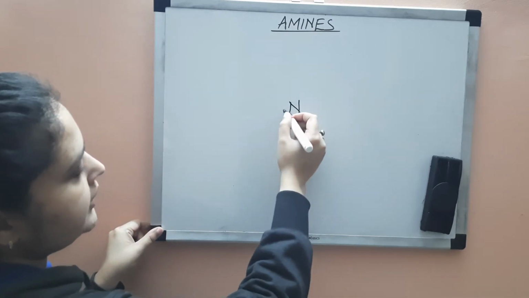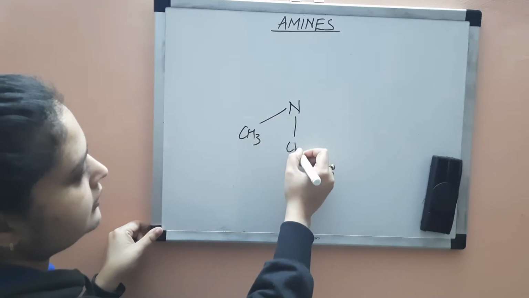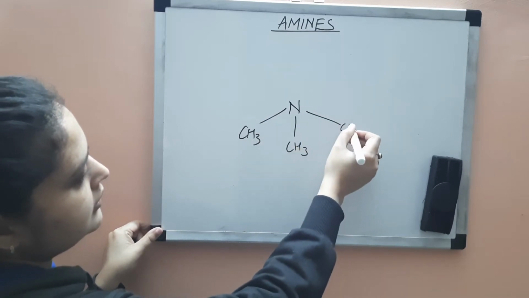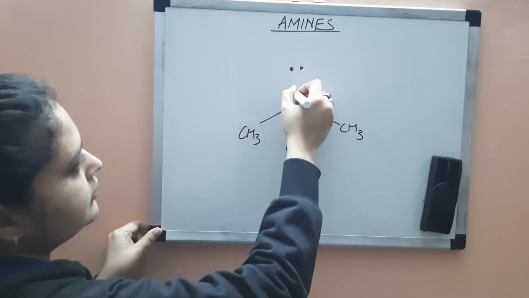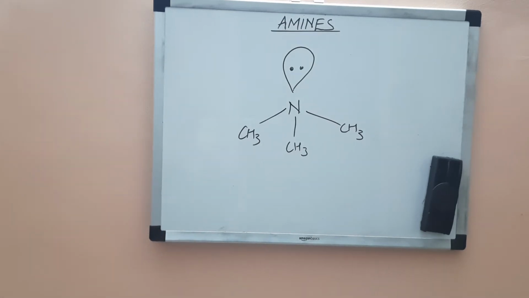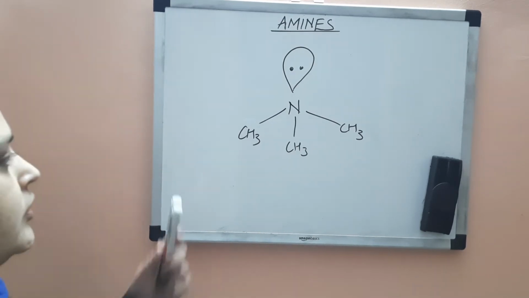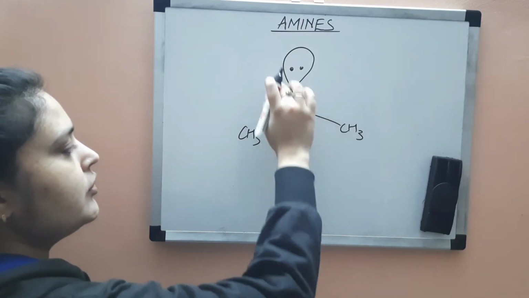For example, we are taking trimethyl amine. So this is trimethyl amine. This is pyramidal, and this is the unshared electron pair.